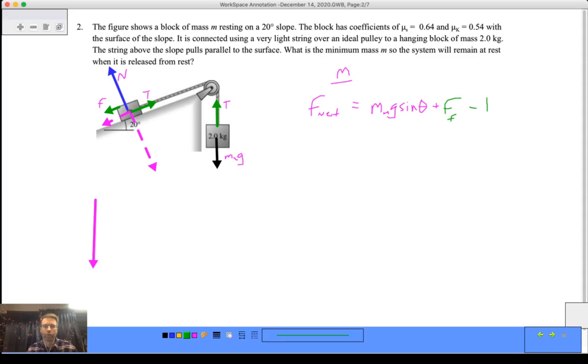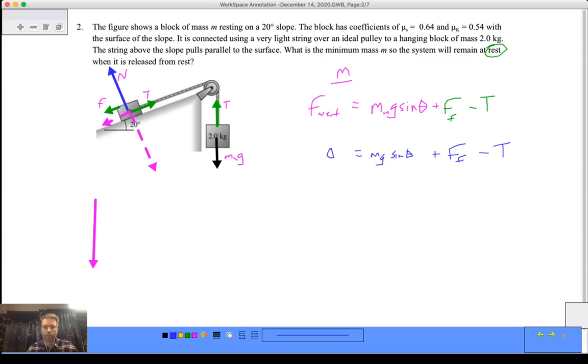So those are all the forces acting on that object. If the system is going to remain at rest, that needs to be equal to 0. So 0 is mg sine theta plus the force of friction minus the tension.